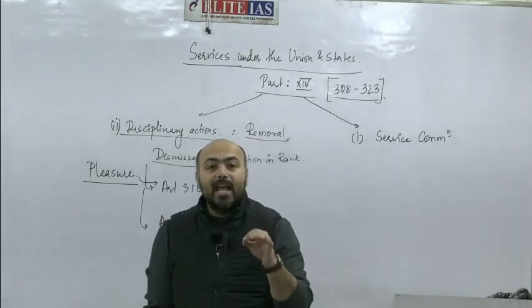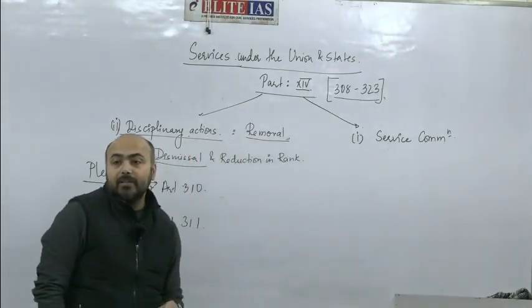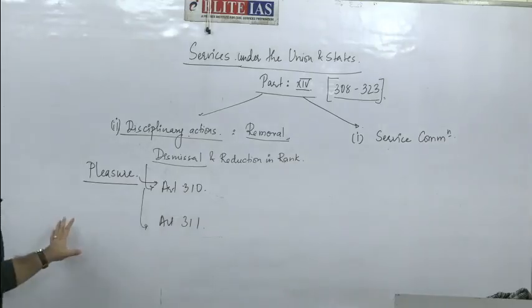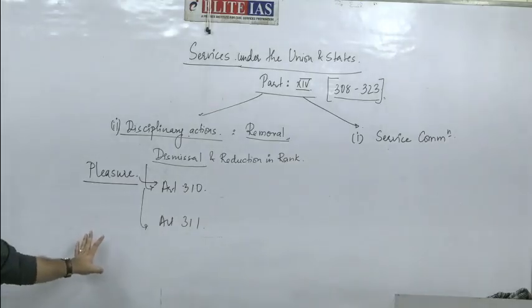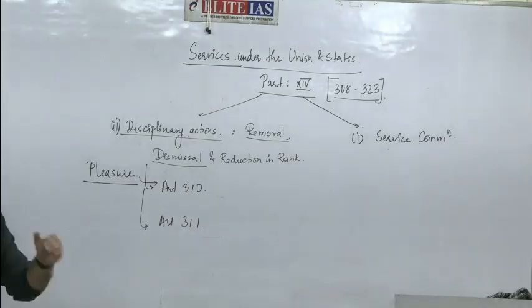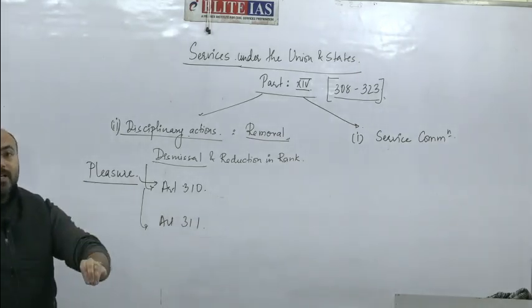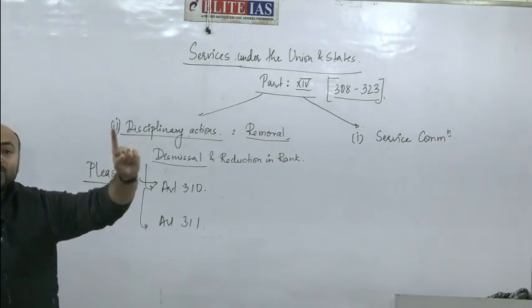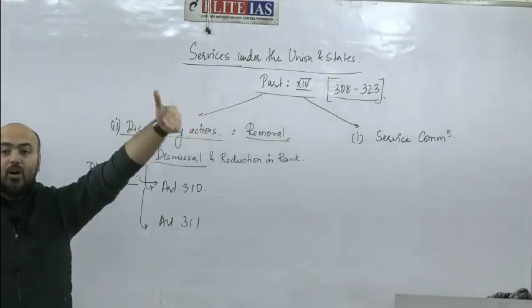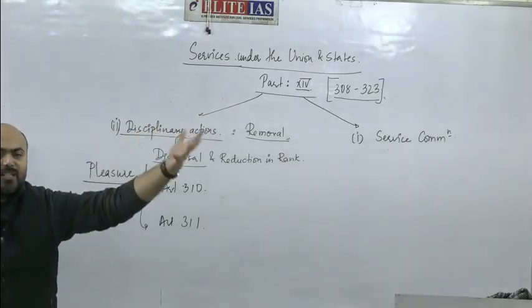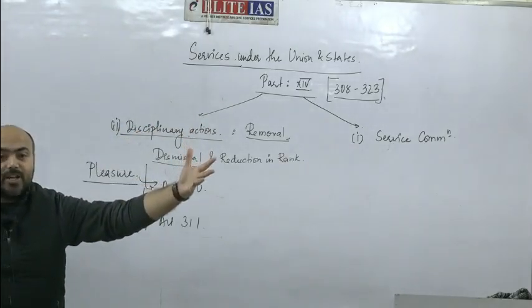Why? The Administrative Reforms Commission says that it is because of Article 311 of the Constitution. The procedure mentioned under Article 311 empowers only the central government, or in this case the president. Obviously the president will act on the advice of the central government.